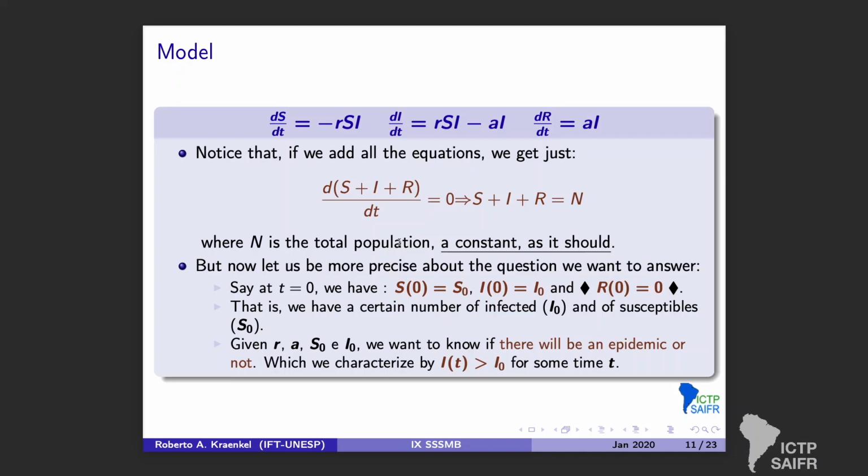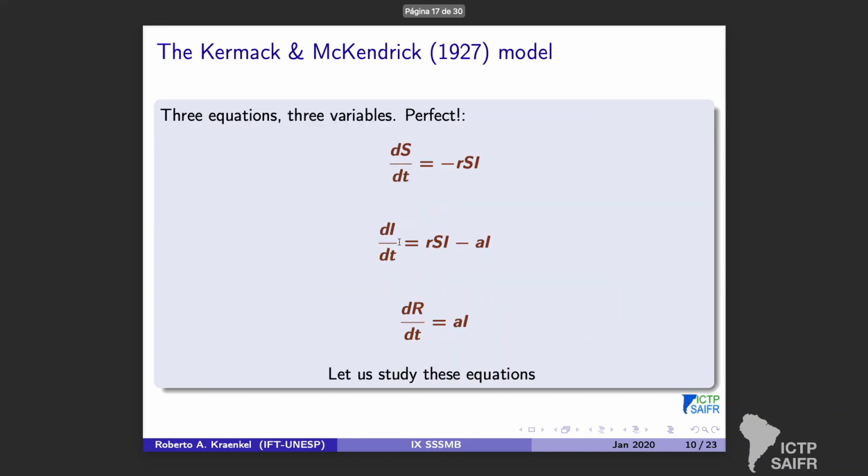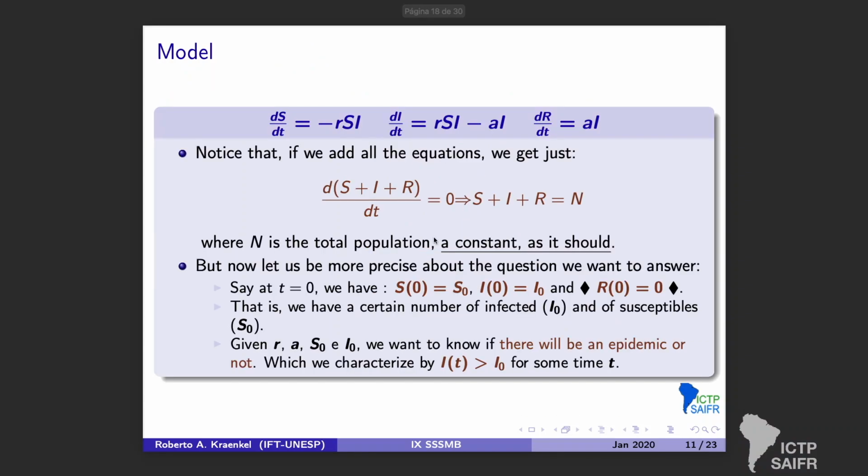So given the equations, this system has two parameters, R and A, and given the initial conditions, we want to know if there will be an epidemic. And the mathematical definition for us of an epidemic is: will the population of infected increase over time, initially?